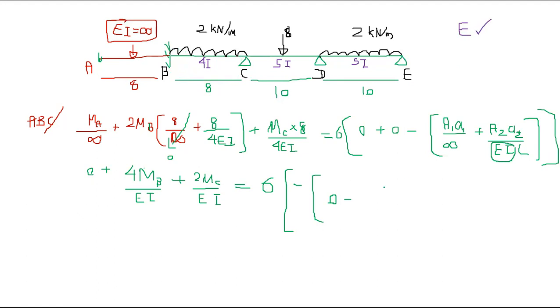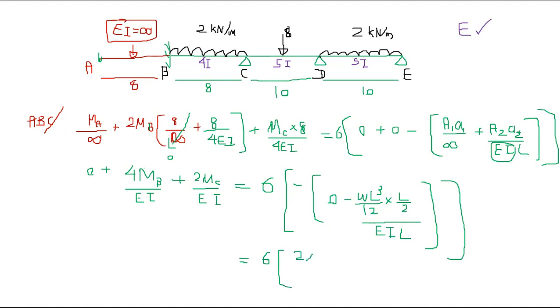If it is simply supported, you remember minus wL cube over 2L, multiplied by L by 2, that's the simple A, divided by EI into L. So this minus minus will be positive, so this is 2 into 1, L will be cancelled, EI will be there.